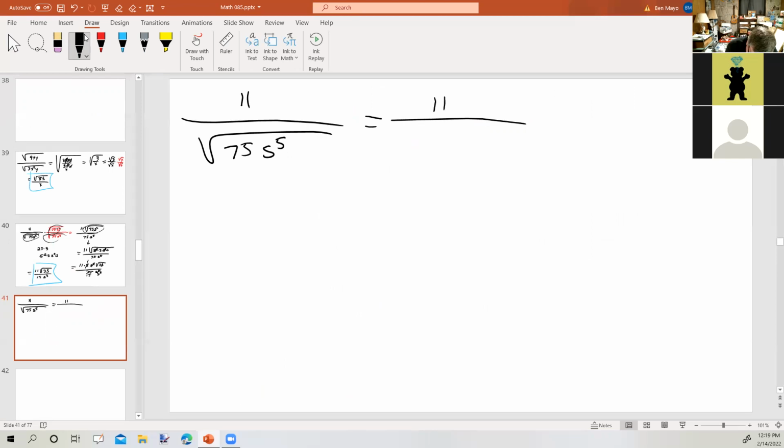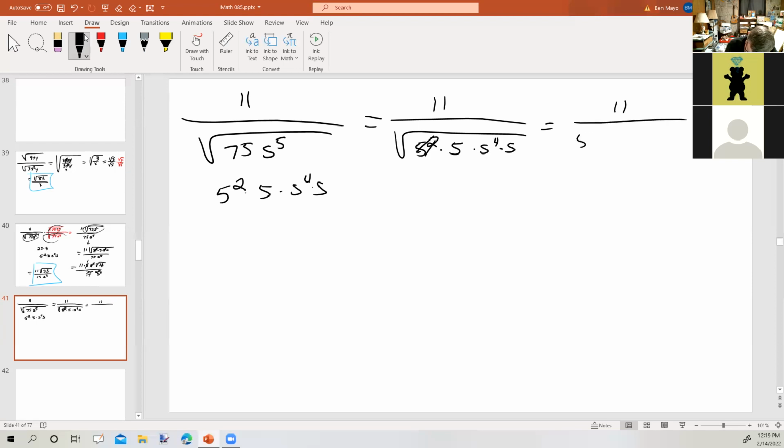And this is going to be what? 5 squared times 5 times s to the 4th times s inside here. Which is going to be a 5s squared times the square root of 5s. Now, what advantage do I have here?